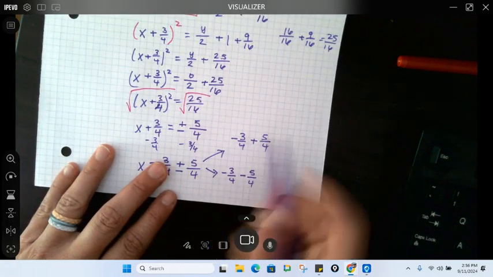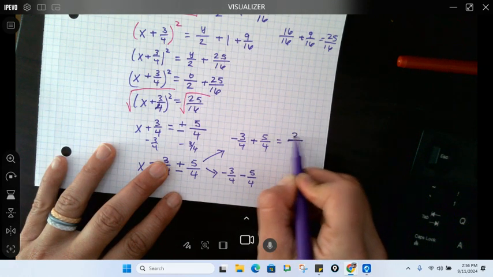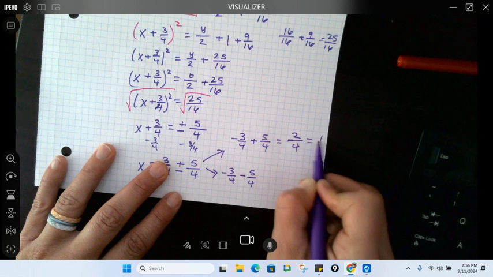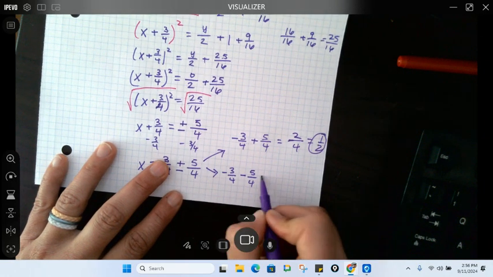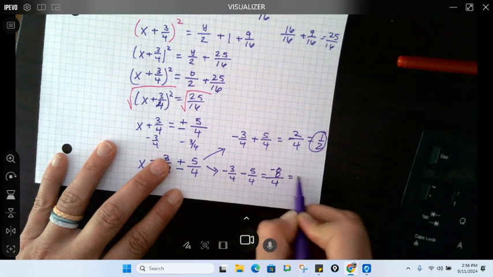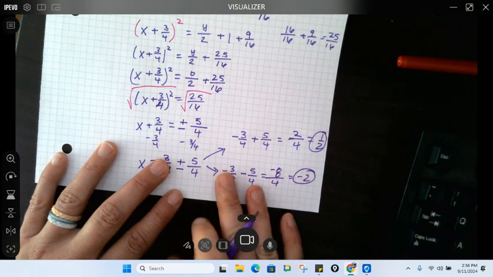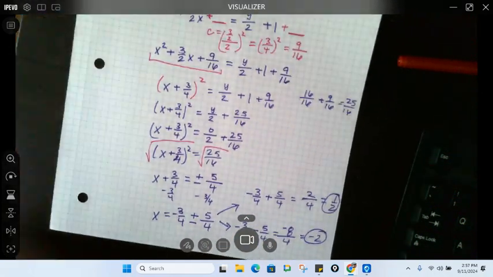Negative 3 plus 5 is positive 2, and then over 4. Final answer of 1/2. Here I would have negative 8 over 4. Final answer is negative 2. So that is how we solved using completing the square.